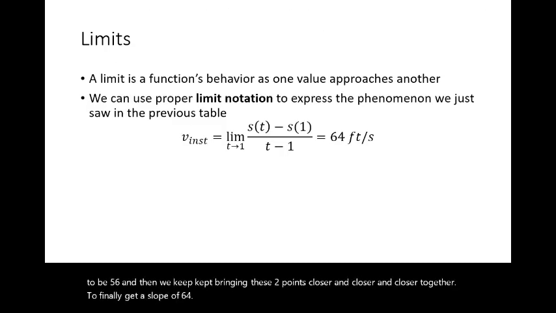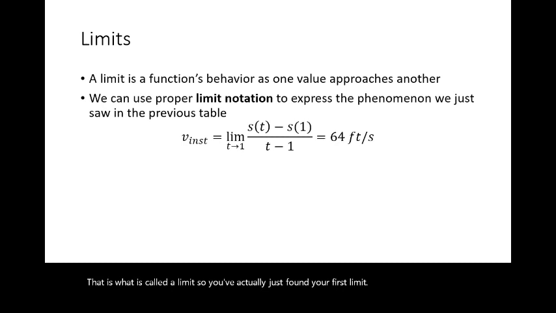That is what is called a limit. So you've actually just found your first limit. In layman's terms, a limit is a function's behavior as one value approaches another. A limit is what a function is doing as x or t approaches a certain value.